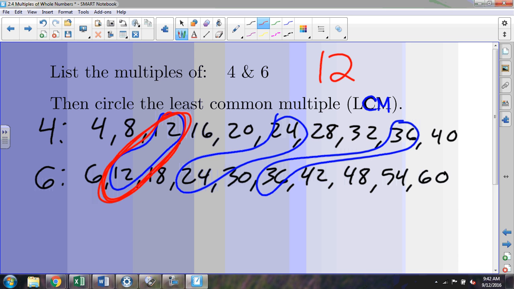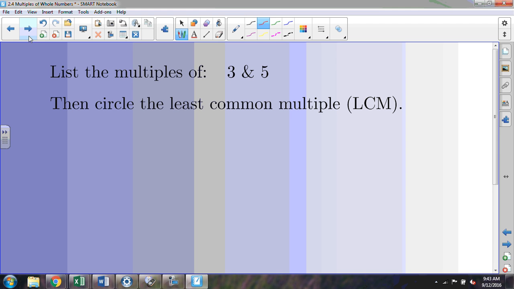It's also worth noting, you don't have to have a list that keeps going and going really far. Your list only needs to be as big as it takes to find them. Instead of doing a long list of 10, start off with a smaller list of maybe 5 or 6. 3, 6, 9, 12, 15, 18.